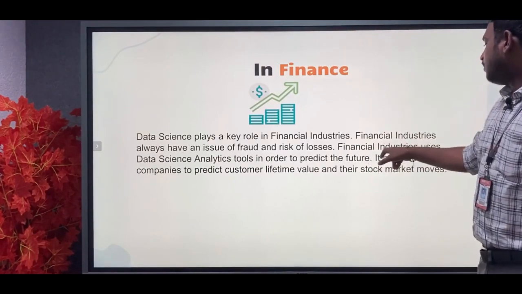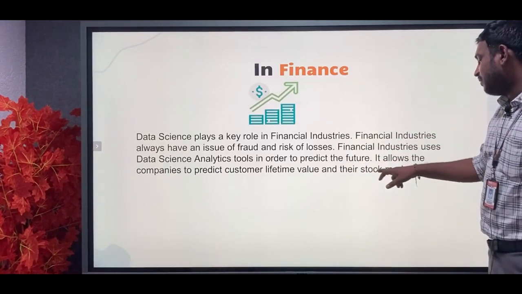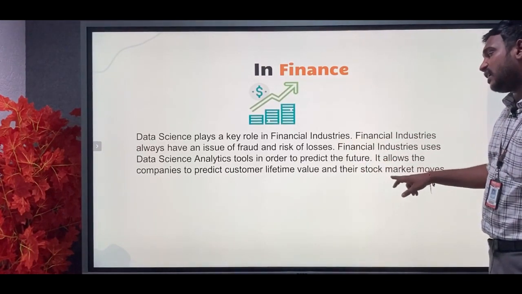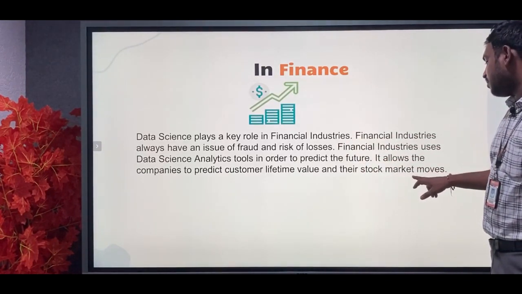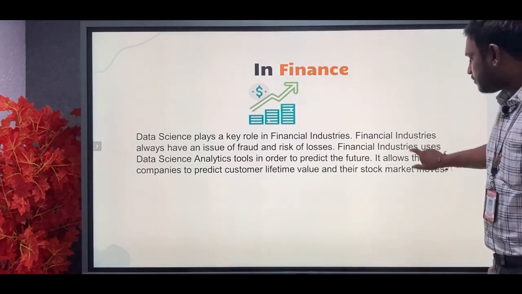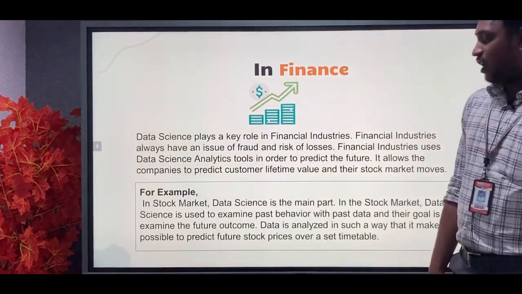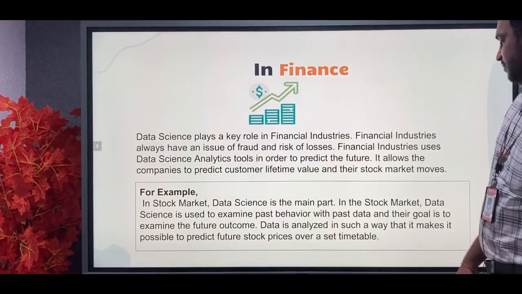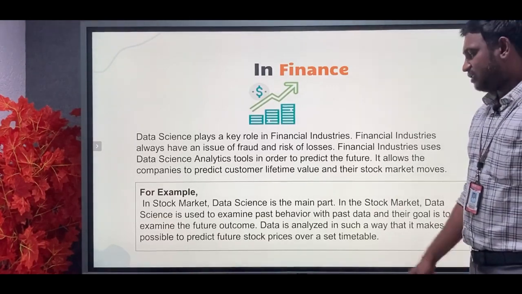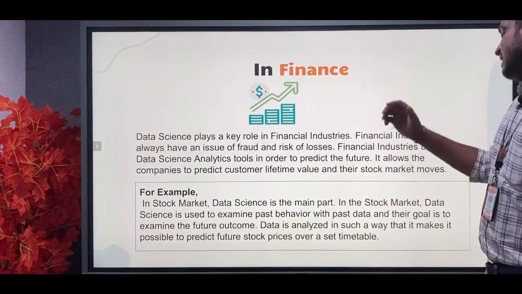How are they closed? Financial industries use data science analytical tools in order to predict the future. It allows companies to predict customer lifetime value and stock market moves. Like this, they are following. For example, in the stock market, data science is the main part. Yes, you know, in the stock market, data science is the main process.